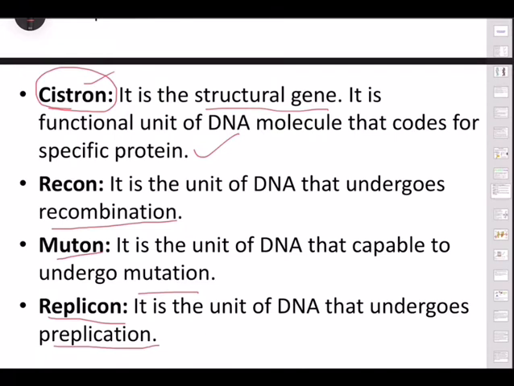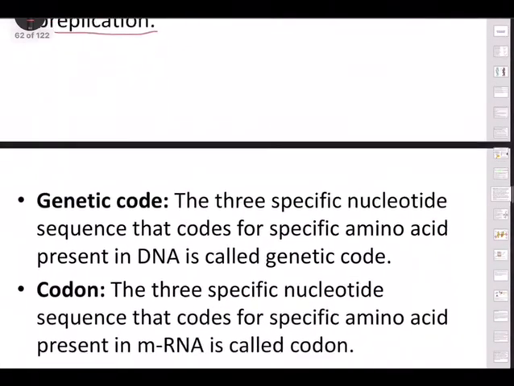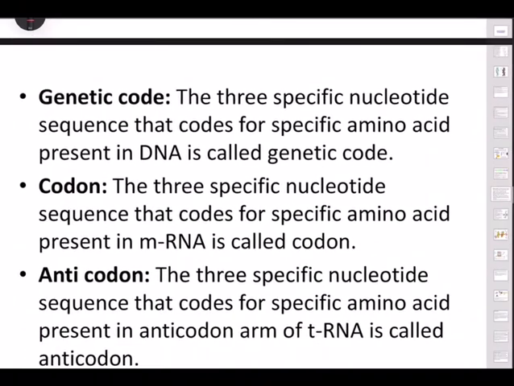So basically, a gene can be a cistron, a recon, a muton and a replicon. And we have what is called the code language, the genetic code. The specific 3-nucleotide sequence in DNA that codes for a specific amino acid is called the genetic code.